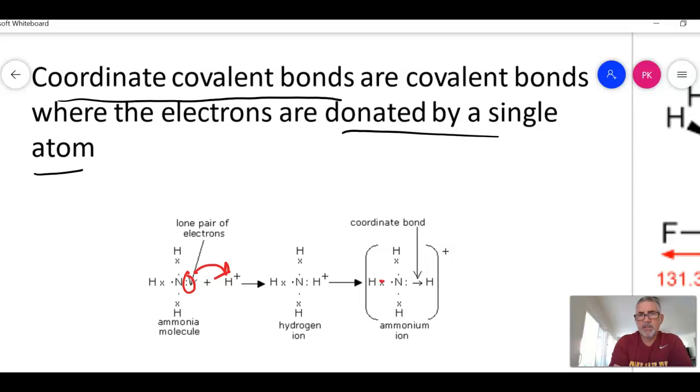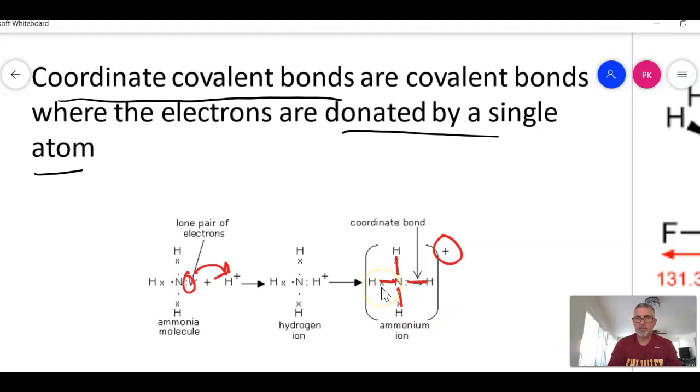And when it does, I end up with bonds here, but I retain the positive charge because I'm missing an electron, right? So hydrogen had a positive charge coming in, and this ammonia was neutral, so I retain that positive charge going out. So this is called the ammonium ion, right? And I do have a coordinate bond there.